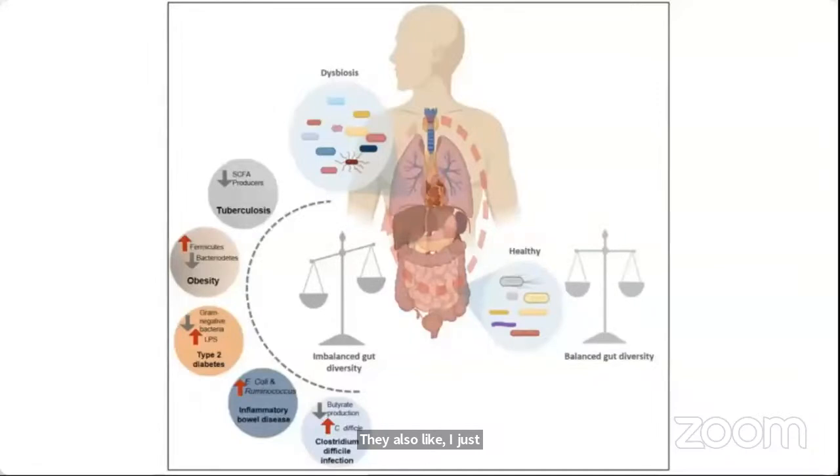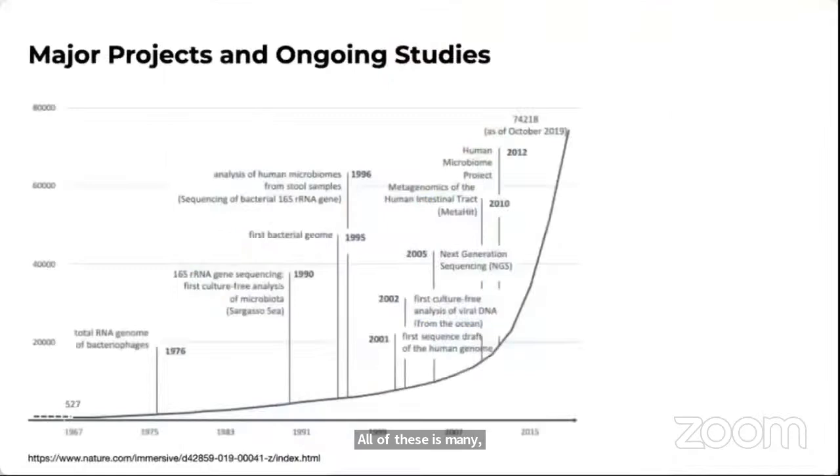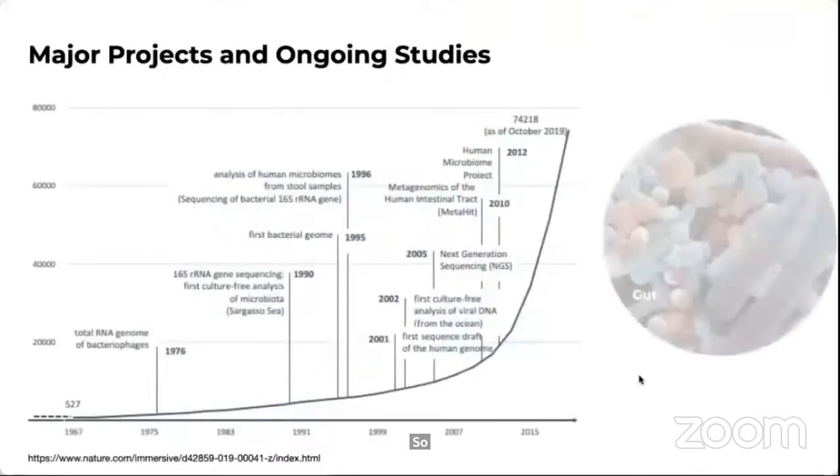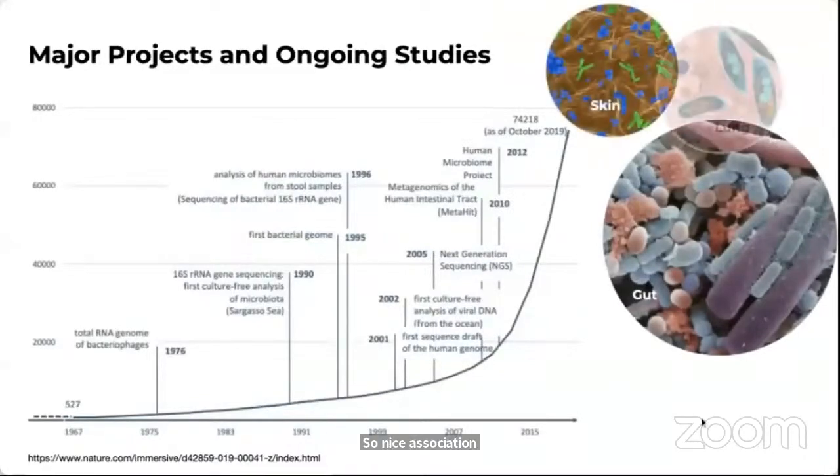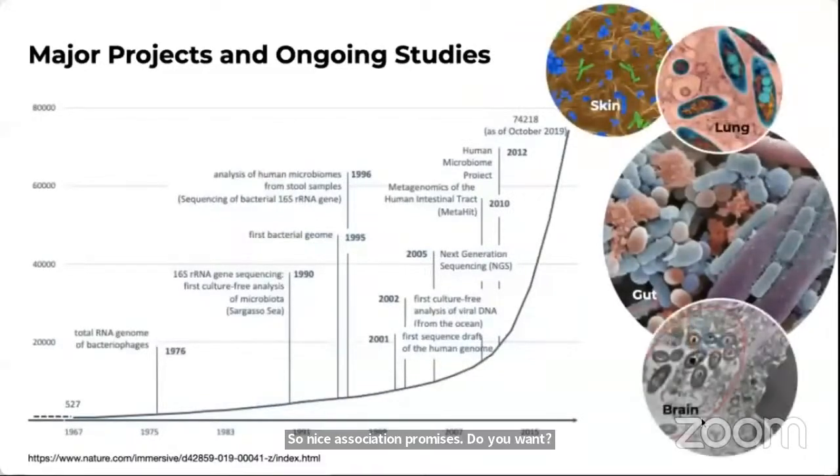So the role of the gut microbiome is very actively linked to several health conditions. These associations and promises in microbial studies fuel the exponential increase in the availability of this data.